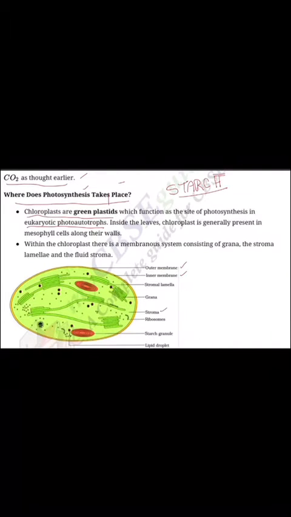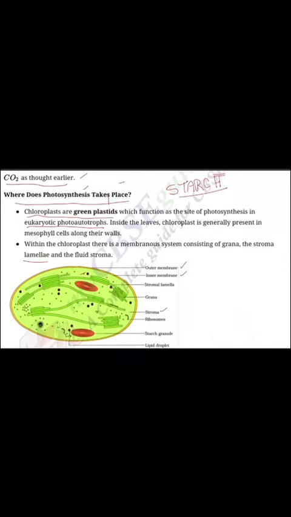This stroma has got some tube-like structures as you are seeing, and these are called stromal lamellae. And these stromal lamellae are interconnecting some disc-like structures, just like 1 rupee coins.